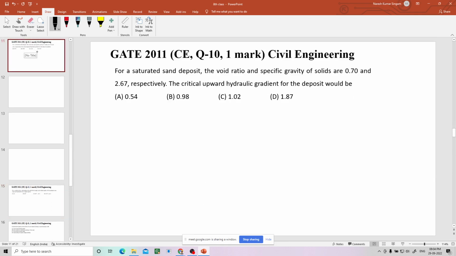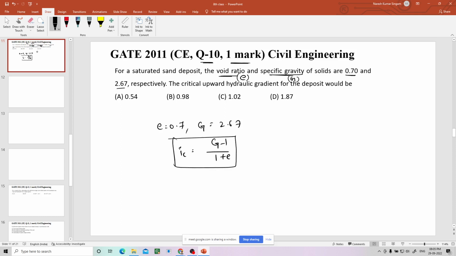In the GATE 2011 paper, question number 10 of 1 mark. It is given that for a saturated sand deposit, the void ratio e and specific gravity G are 0.7 and 2.67. What you have to find out is the hydraulic gradient, whose formula is G minus 1 by 1 plus e, which we just derived. Find this out and tell me the answer.